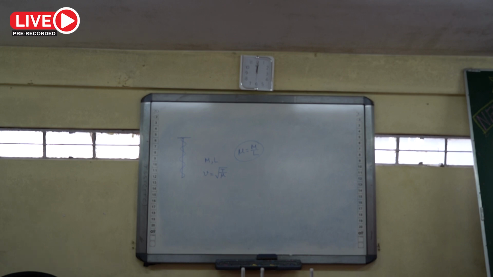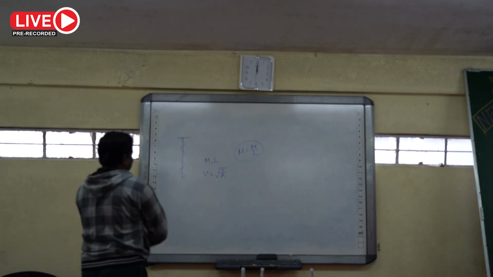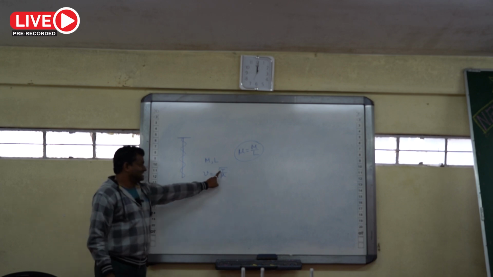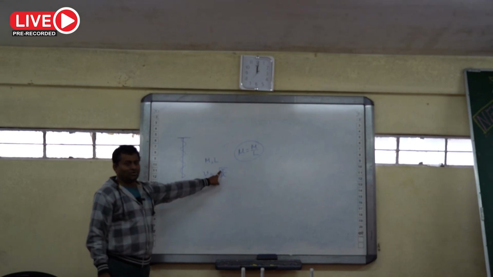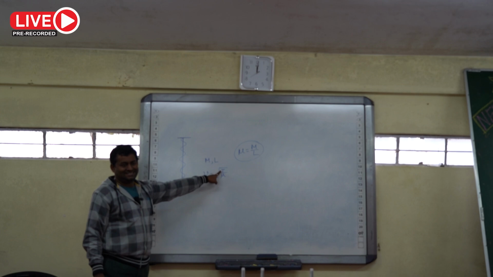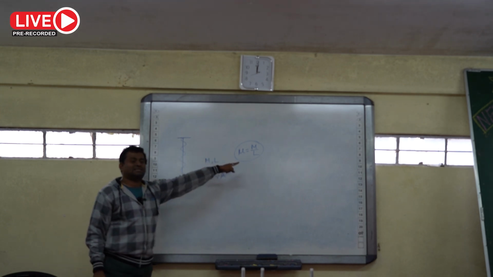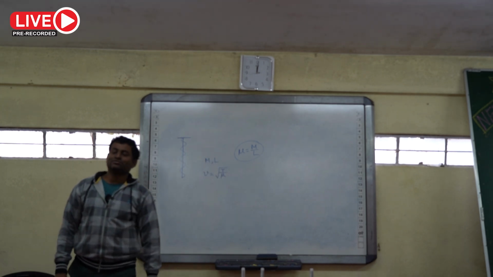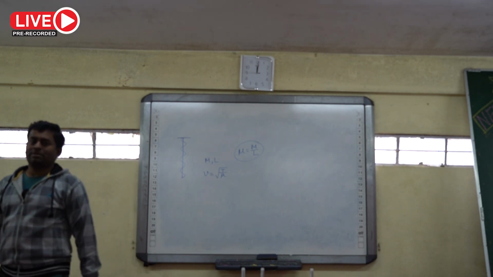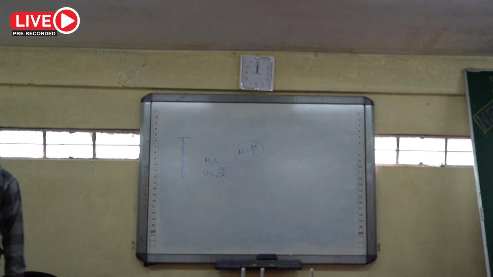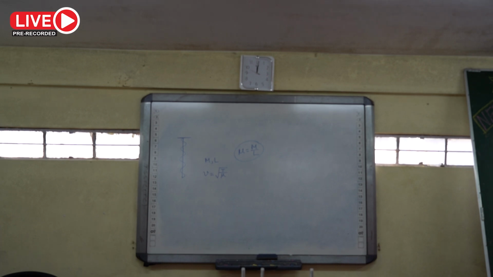The problem lies here. This tension is no more constant because the string has mass. In Newtonian mechanics, when you solve a problem, you consider the tension throughout the string to remain the same by considering a massless string.